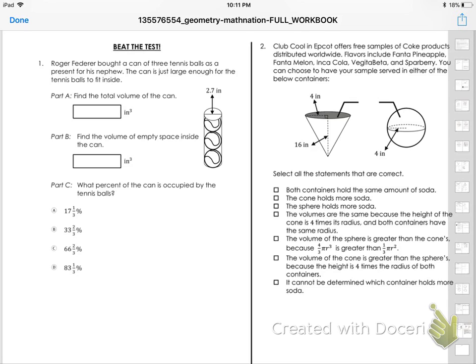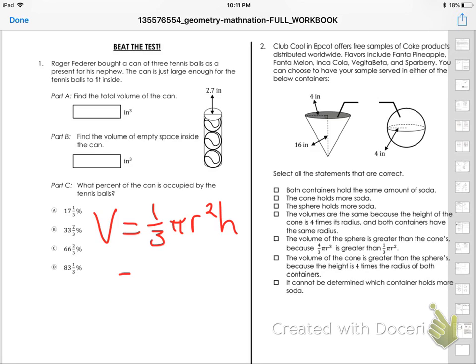All right, so let's go ahead and find the volume of both the cone and the sphere. The volume of the cone is going to be 1/3 pi r squared h.